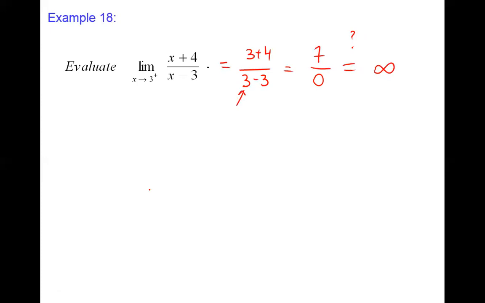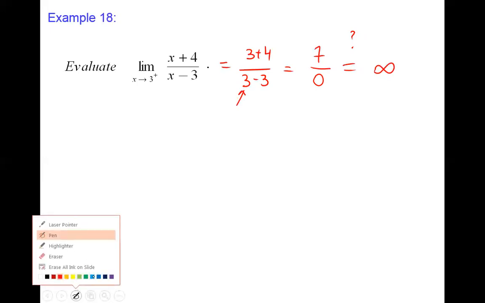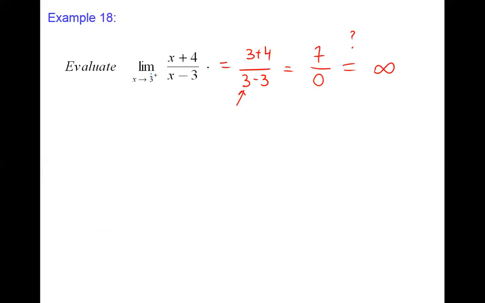7, I don't really have to investigate because that's fine, but 0. This one, I did substitute 3, but to be really exact, this is 3 from the right-hand side, which means 3.1, 3.01, 3.001. And then we're subtracting 3. We're getting 0, but we're getting a positive number.